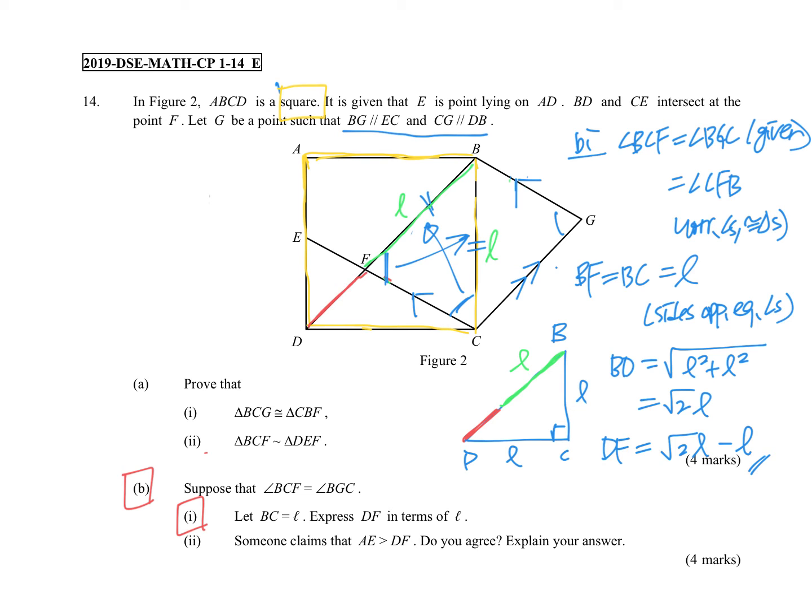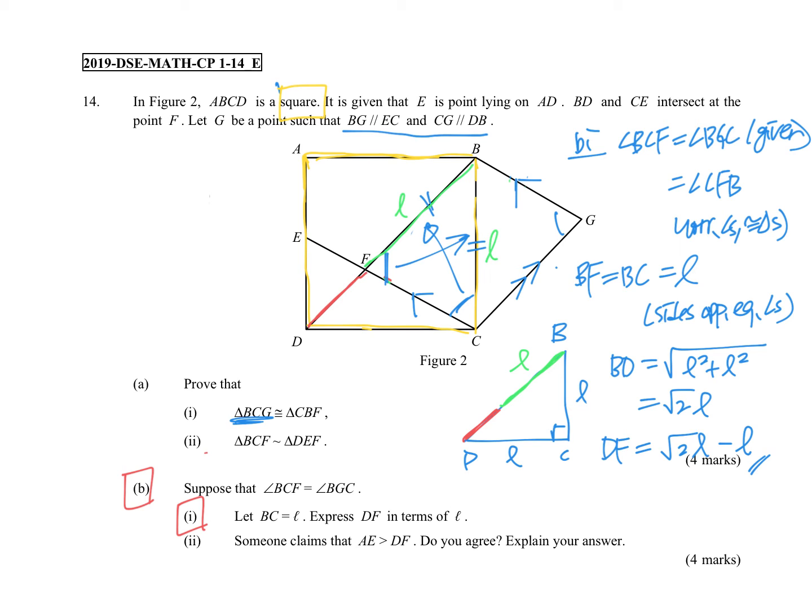Now if angle BCF equals angle BGC is given, and according to part A1, because we have a pair of congruent triangles here, angle BGC would correspond to angle CFB. So that would be corresponding angles of a pair of congruent triangles.